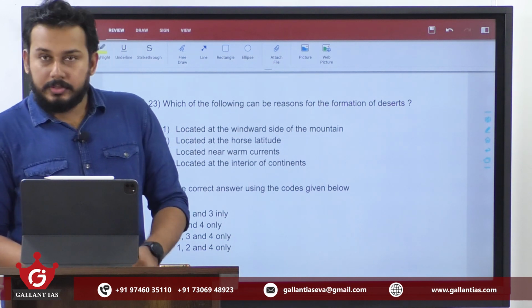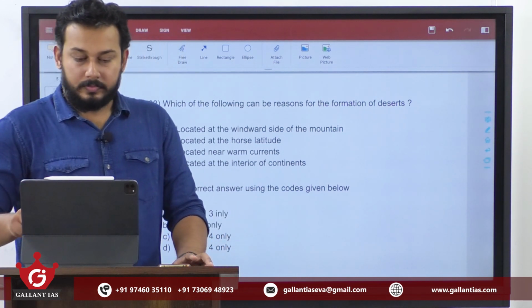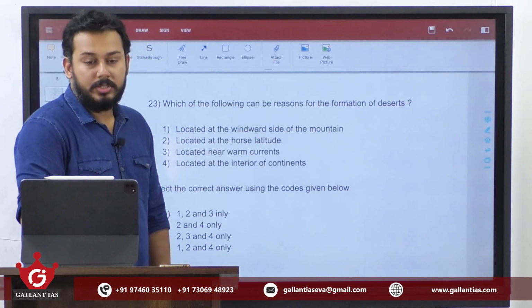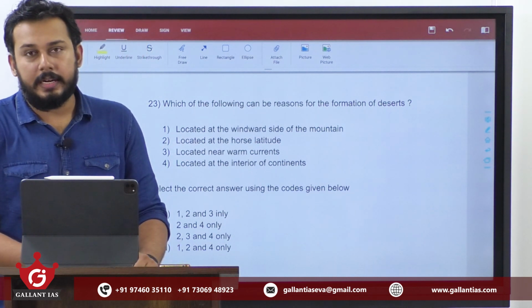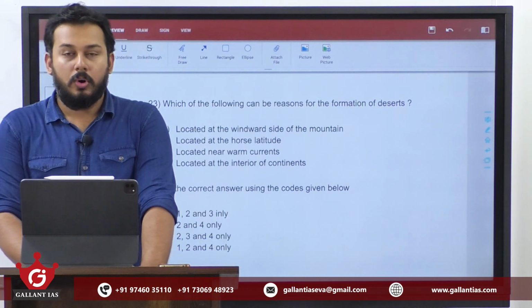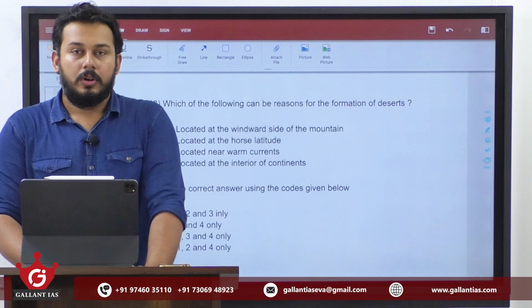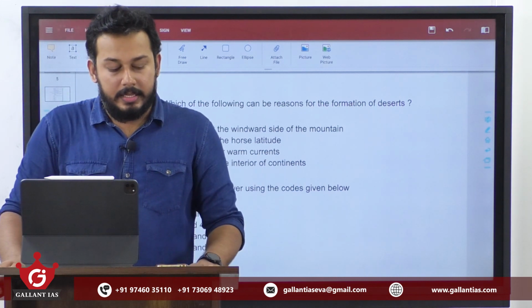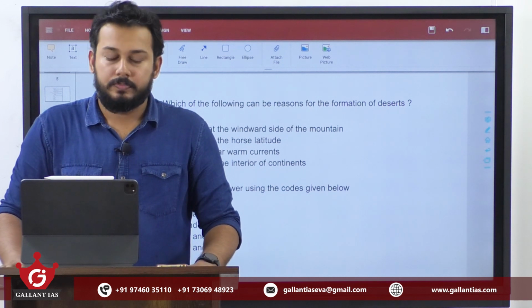Moving on. We will see the next question. Which of the following can be the reasons for the formation of deserts? Located at the windward side of the mountain, located at the horse latitudes, located near warm currents, located at the interior of the continents.